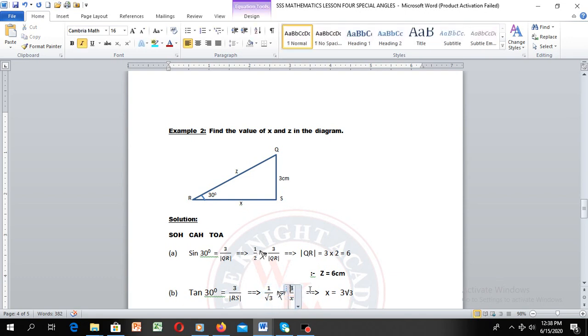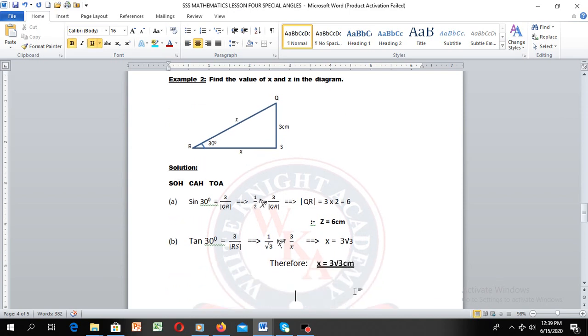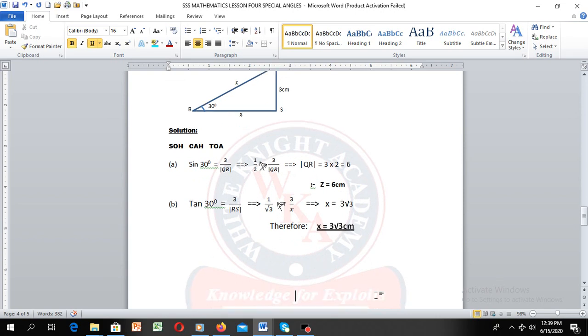This implies that x is equal to 3 root 3. I left it that way, but you can go a step further. The value of root 3 is 1.732, and when you multiply 3 by 1.732, that gives 5.196. So you can approximate.